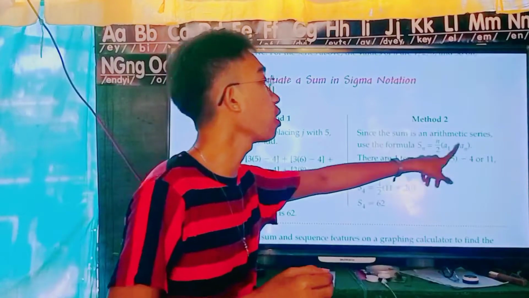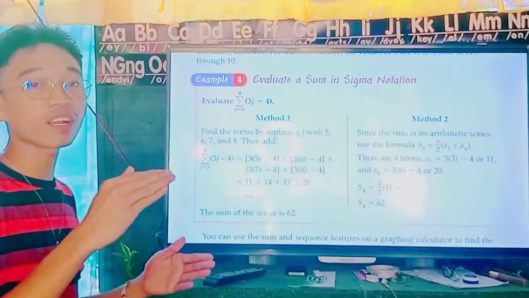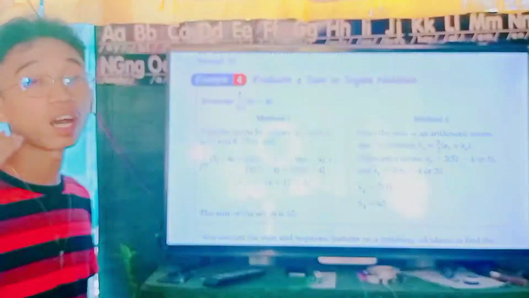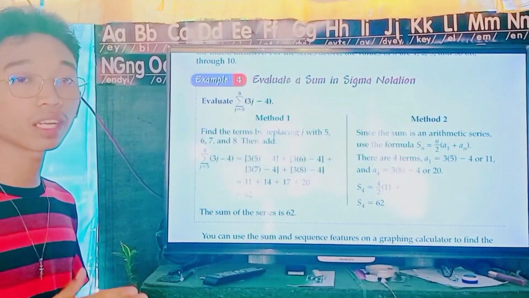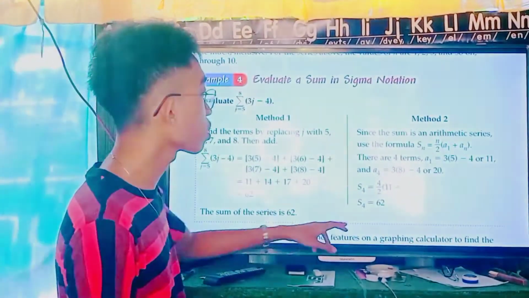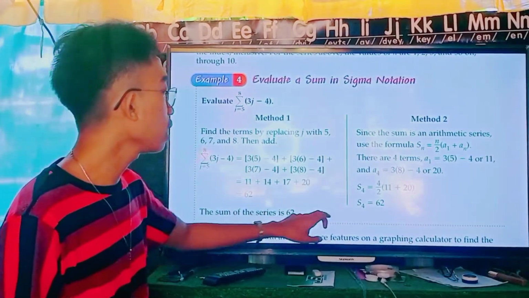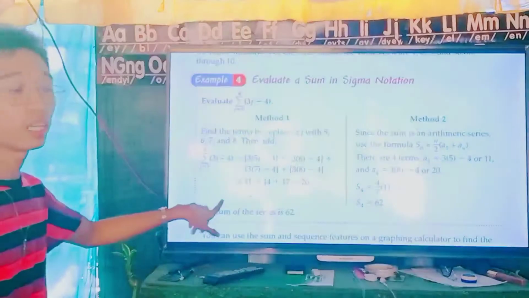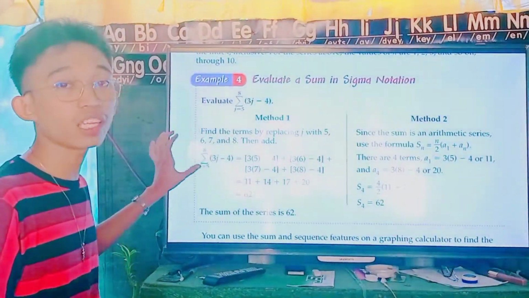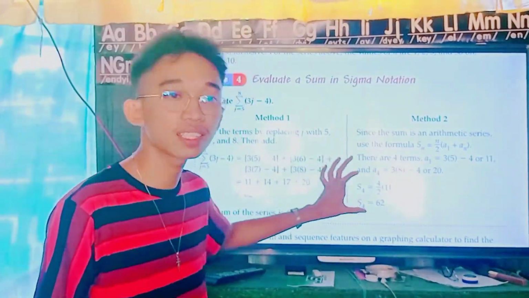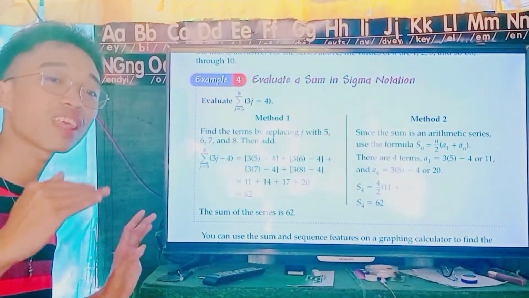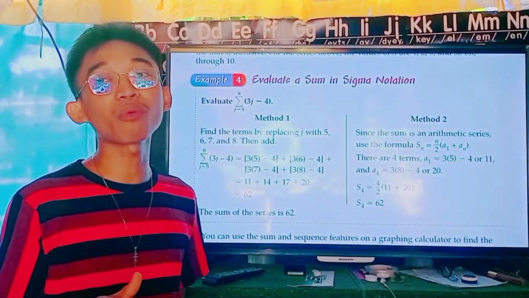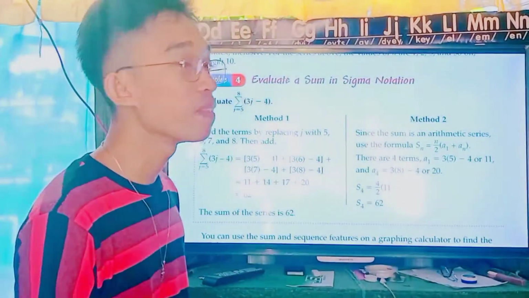In this formula, all you need to do is to add the first term and the last term. So 11 and 20. So the answer is 62. So they have the same answer. If you want this, then you can use this. If you want this, then you can use this. It depends on you. Just use the formula you are comfortable with.